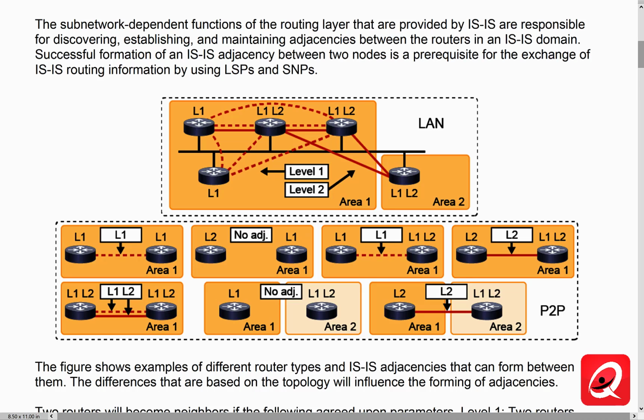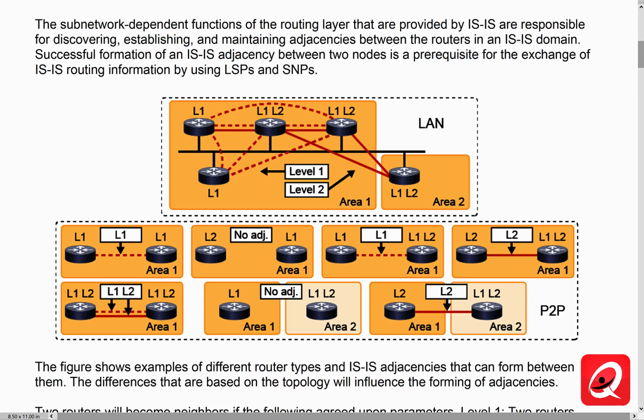All right, so if we have a common network segment and we're in the same area, we're going to form a level 1 adjacency. If we're in a common network segment, but we're in different areas, we would have to form a level 2 adjacency.